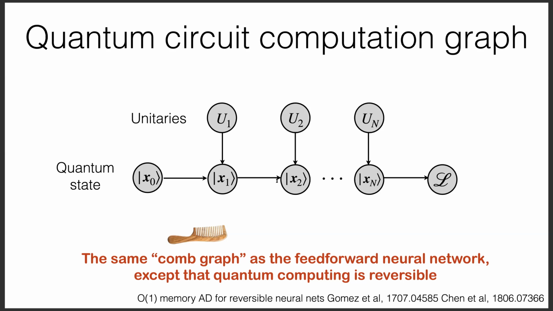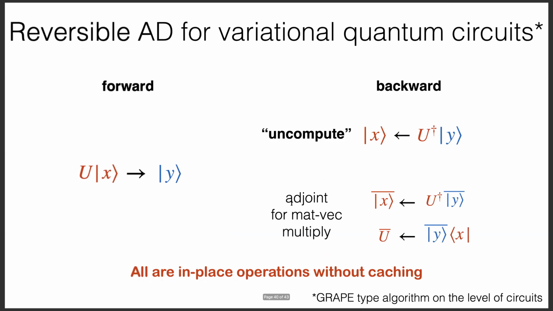In different words, quantum computing is reversible computing, right? But that's not true for a general neural network. With a general neural network, usually we cannot run backward. So this gives us a way to bypass that memory issue in reverse mode automatic differentiation, because at each step you can just do uncompute.